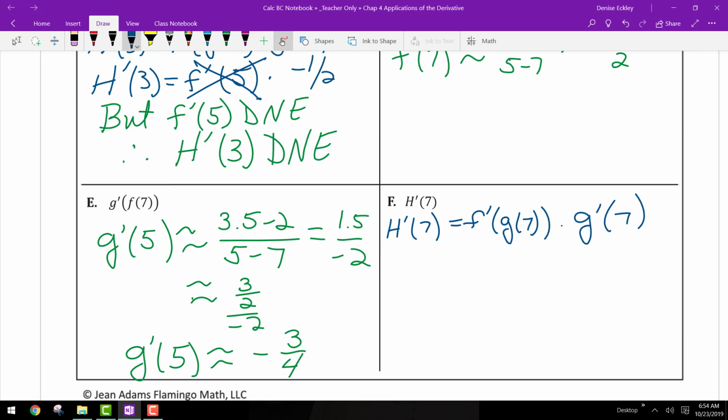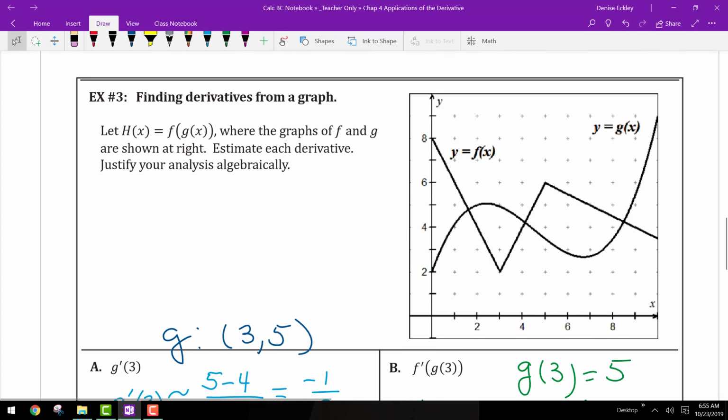Okay, so this is going to give us h prime of 7 is going to be f prime of, so we have to find where g of 7 is on the graph, so let's do that. g of 7, so if I go to the graph, g of 7 is right there. Can't really call that a half, so we'll call this (7, 2.8). So I have to go to f at about 2.8.